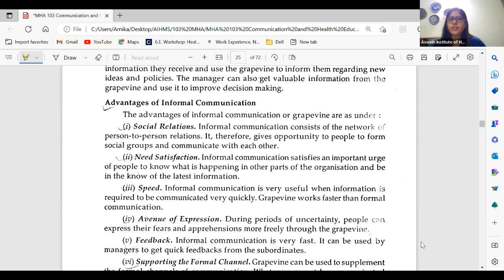But if someone's salary is deducted, they want to spread this in the institution. At those times, grapevines are very important because, as we all know, they have an advantage over formal communication as they are transferred very speedily from one person to another. So this is how grapevine communication is sometimes strategically implanted.